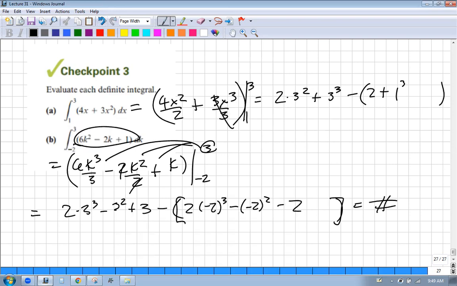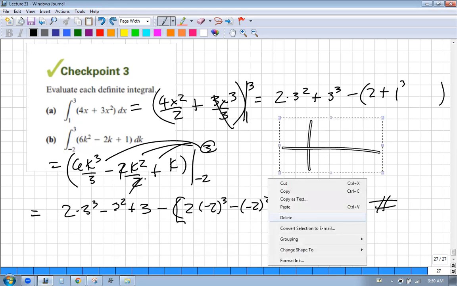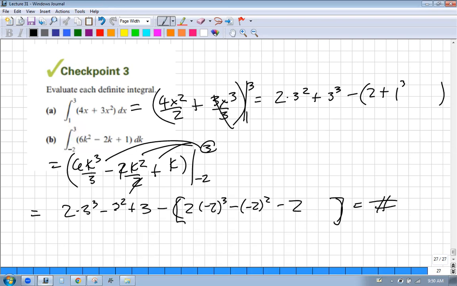Although we might have to be careful with this. We might have to graph this and make sure it doesn't cross the x-axis. Because, well, no, here they just say evaluate the definite integral. That's the answer. It's different when they say find the area underneath the curve, right? Because if this guy looks like this, the integral is exactly what we did.